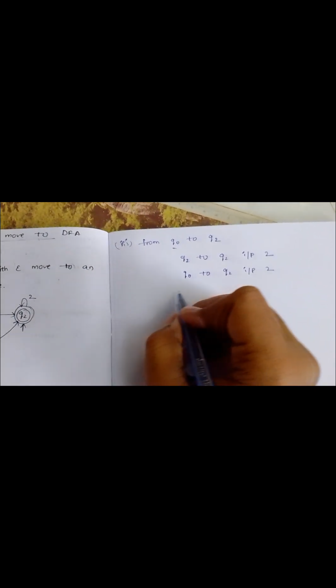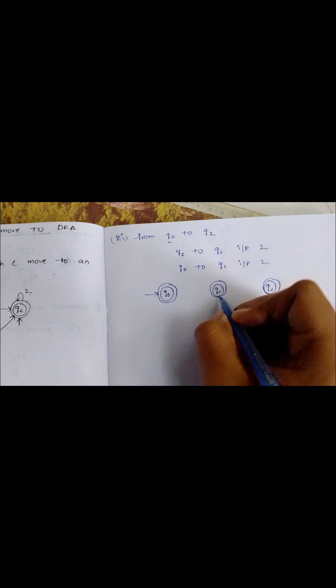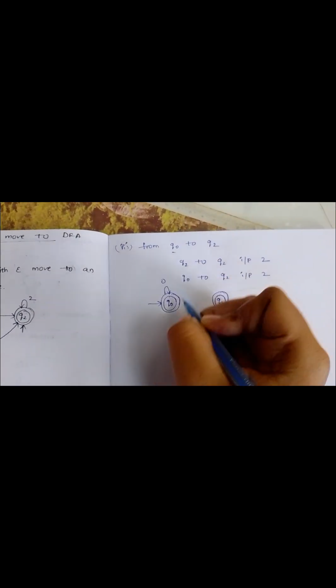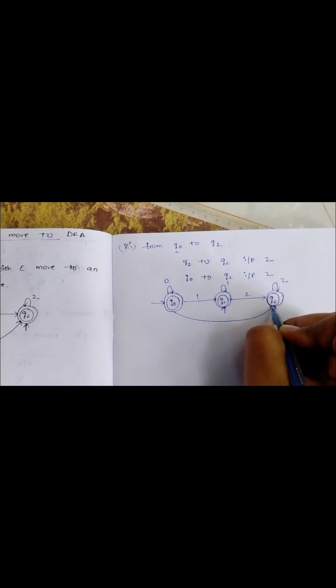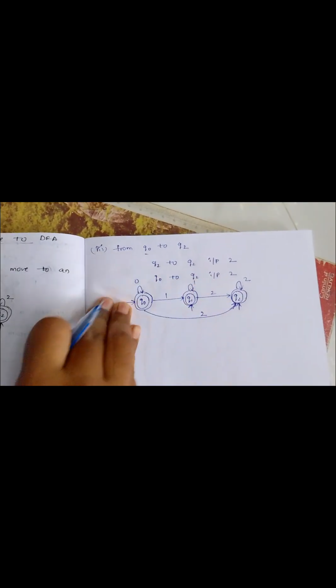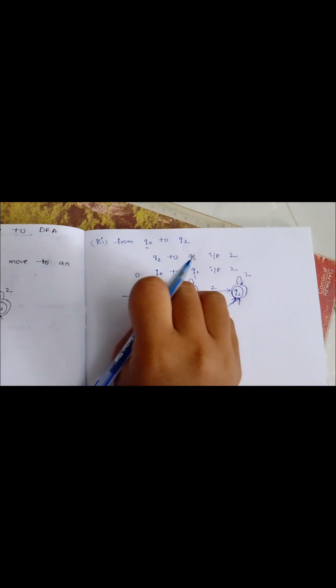Now the finite automata is Q0, Q1, Q2, initial states. So now here there are no null transitions in this finite automata.